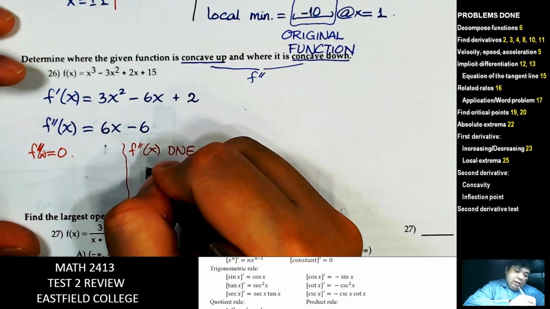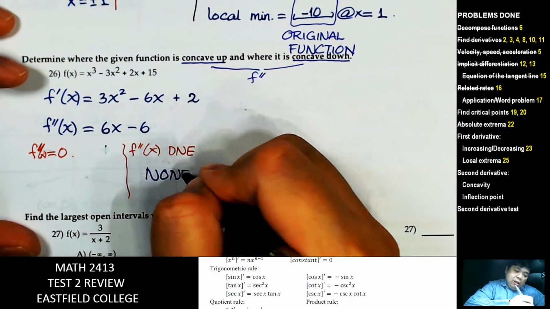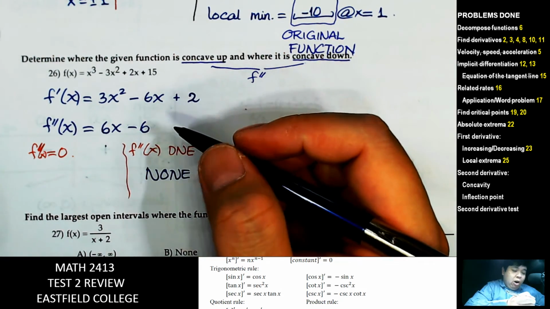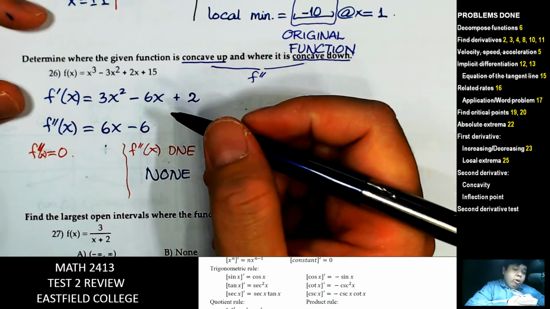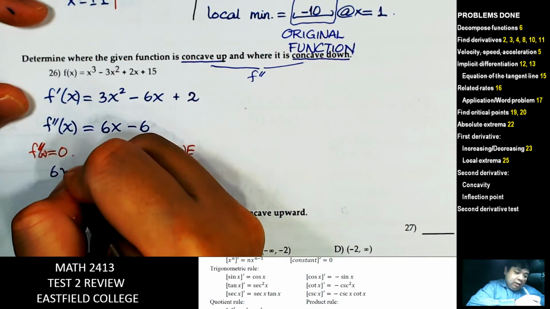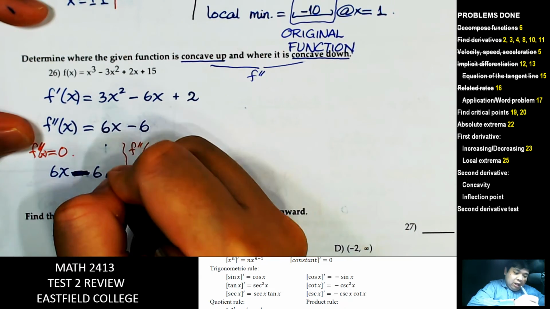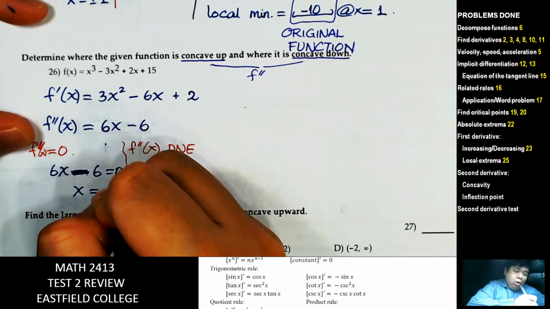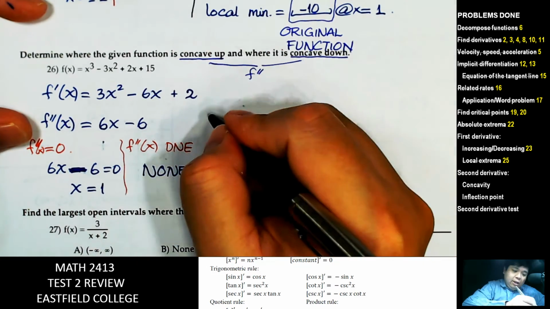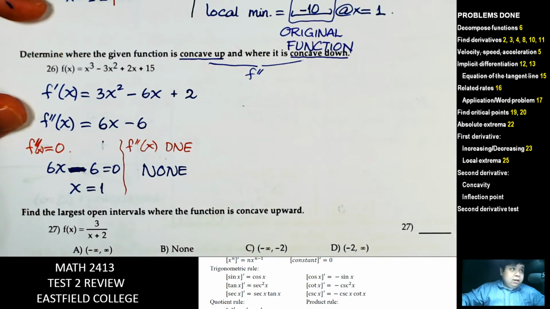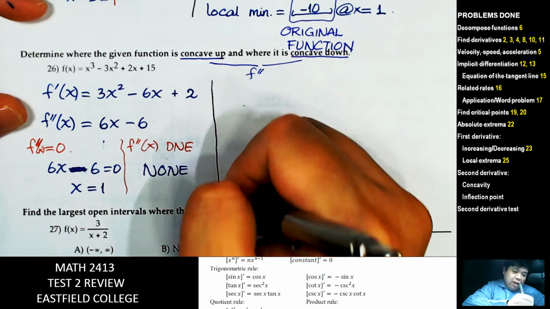And here we have none, because a polynomial function is defined everywhere. 6x minus 6 equal to 0, so x equals 1. Right. So we have just one value, x equals 1.